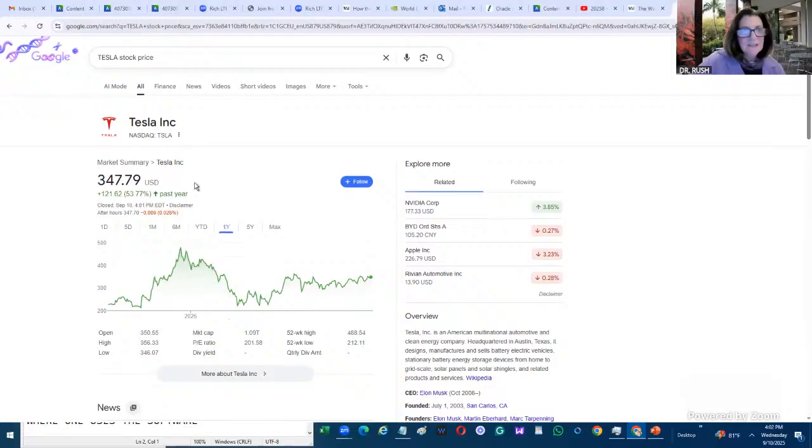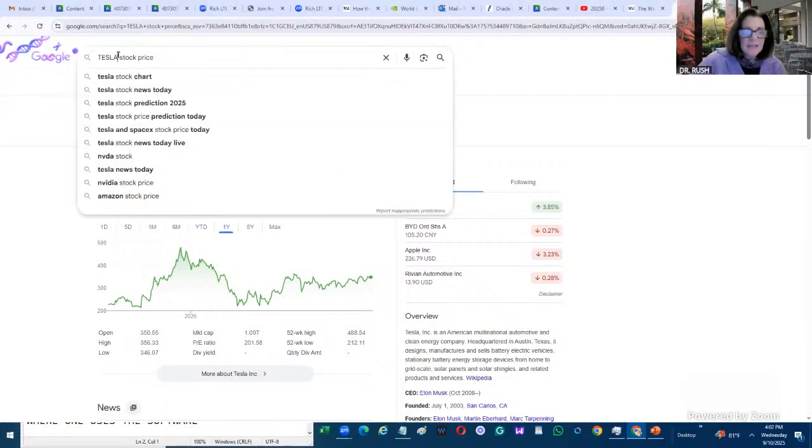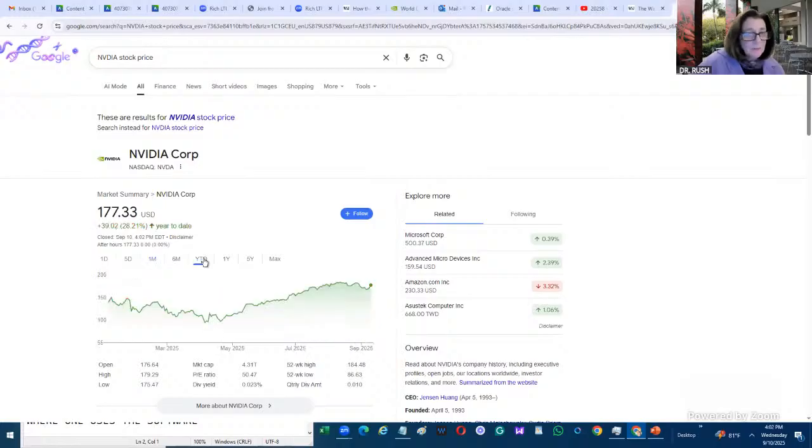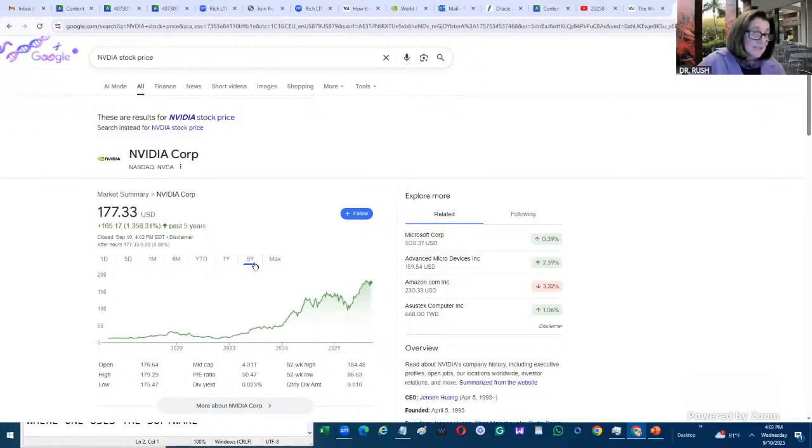So anyway, we can think about Tesla. And then if I think about NVIDIA, if I think about today in the month, year to date, it used to be 28% was a big deal, right? But if I looked at 64, it hasn't done as well, still look at the past 5 years, NVIDIA. Do you see that, George?